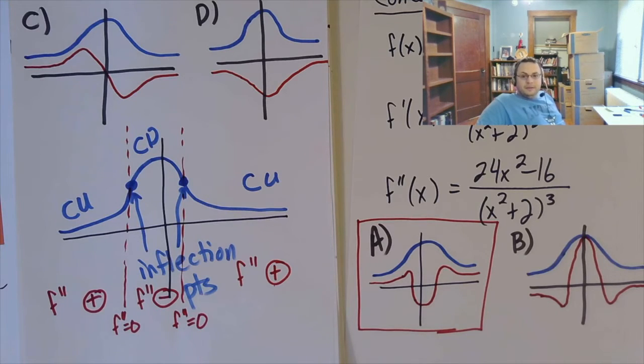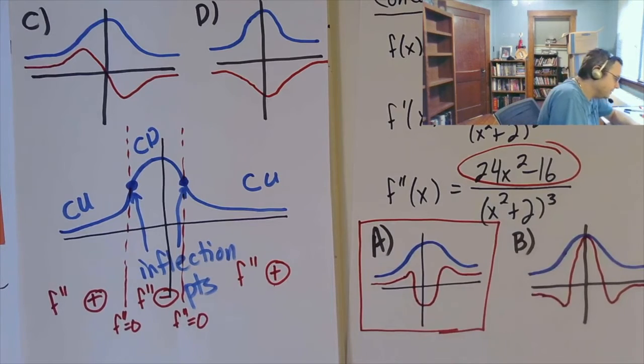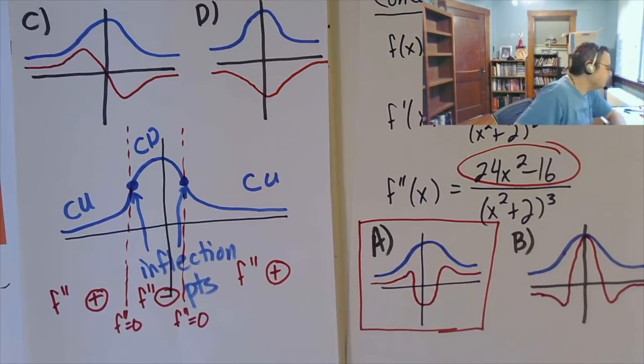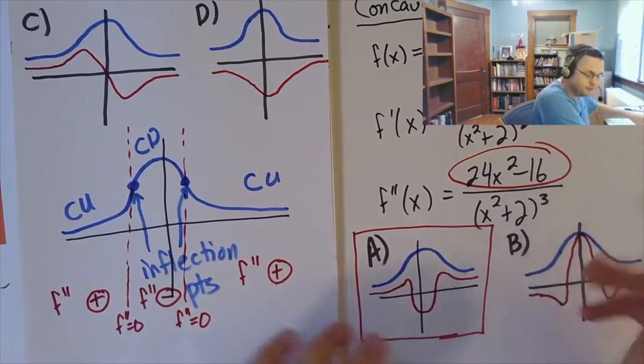But if it's not being forgiving, you can just go back and solve when this is 0, because again, I'm looking for places where the second derivative is 0 to figure out the inflection points.